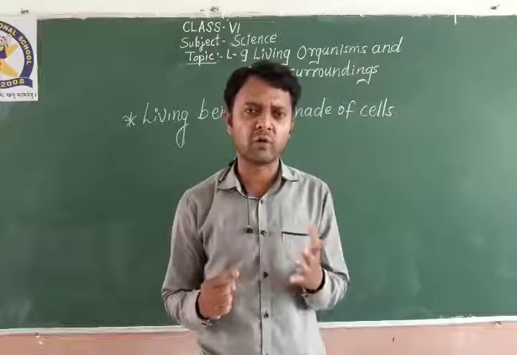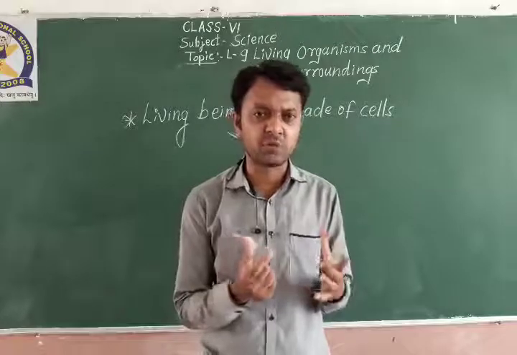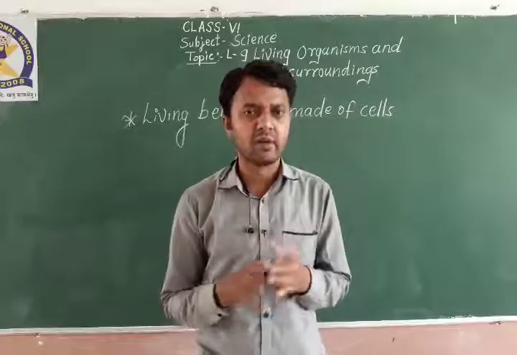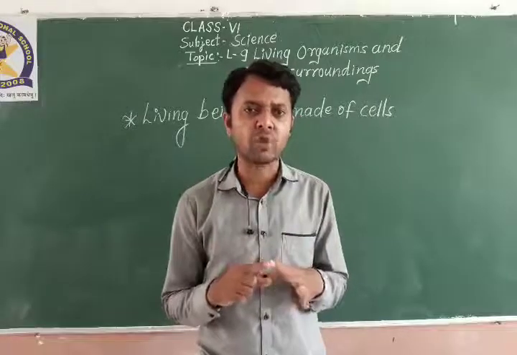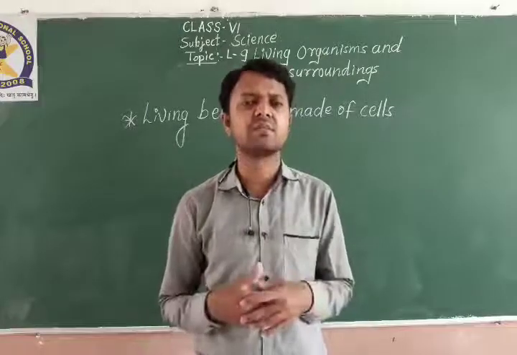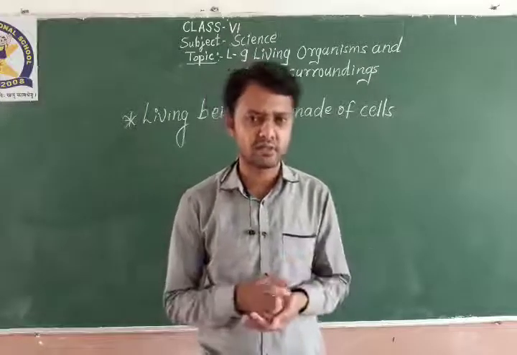Cells are going to form tissues. Tissues are going to form an organ. An organ is going to form an organ system, and many different organ systems are going to form the human body or any living organism.